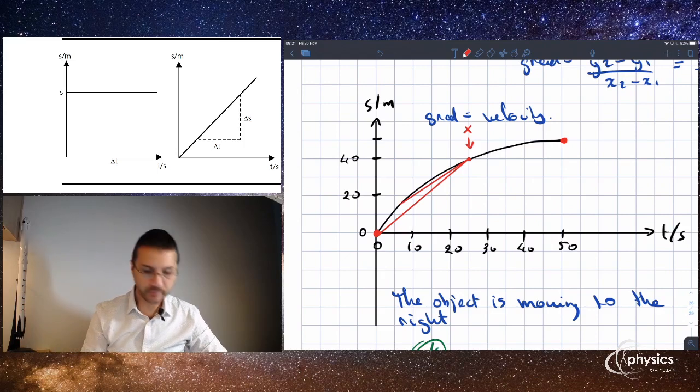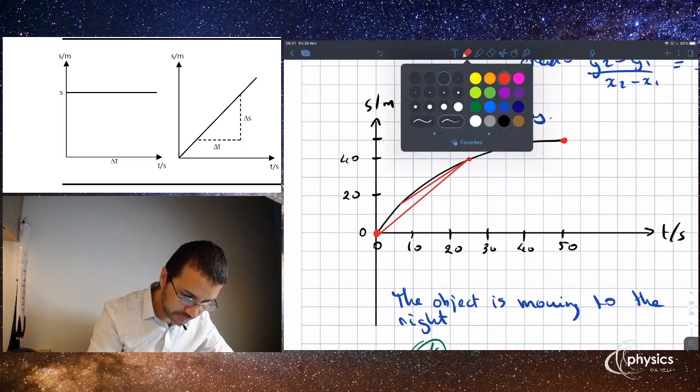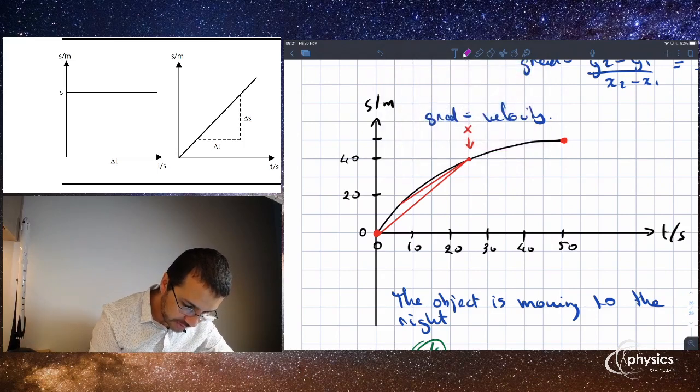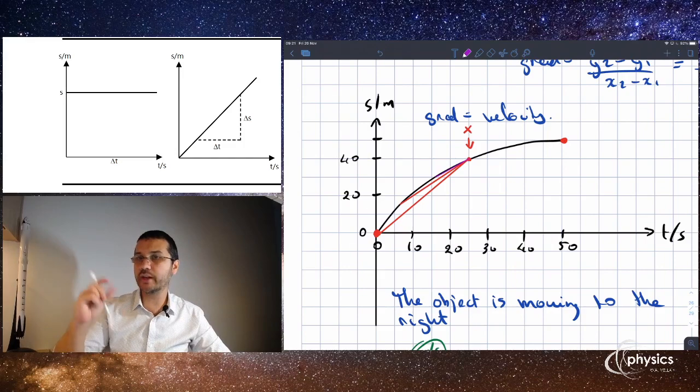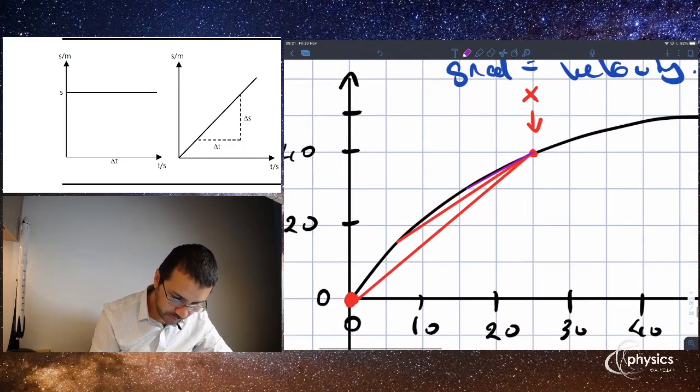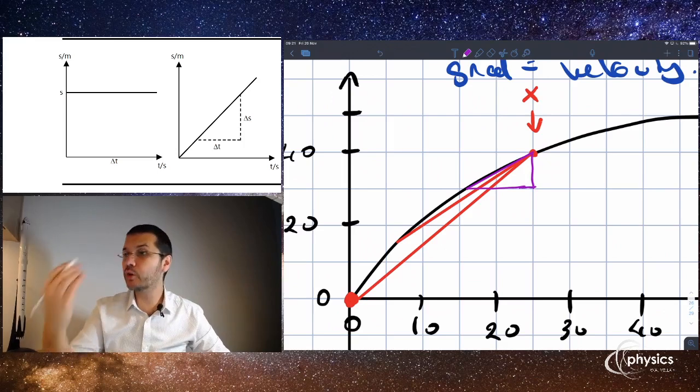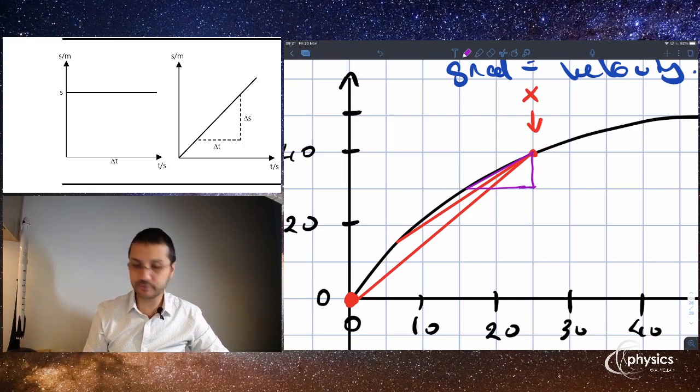If I change the color and the thickness, maybe you can see better. If I get closer, so if I am decreasing the change in y and the change in x again, look, this is the change in y and change in x again, I'm getting closer to the slope of the graph, alright?